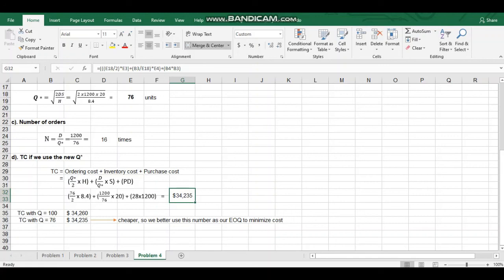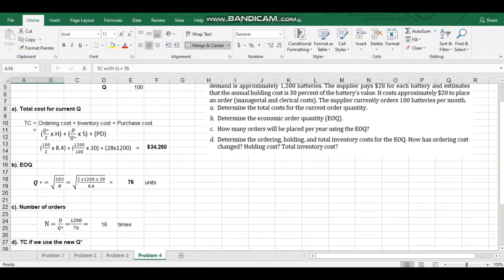So now the difference is, if we are using 100 as our order quantity, this number is our total cost. But if we are using 76 as our order quantity, we have this number as our total cost. And if we compare them, the lowest one is with 76 as our order quantity, so it's better for us to use this number and get the lowest cost.